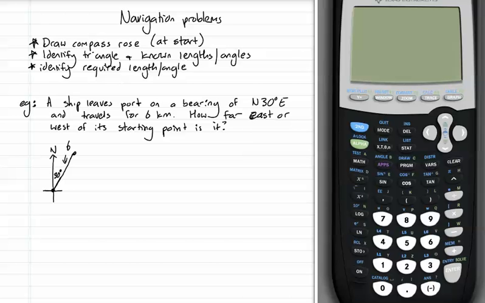From the end point, I can draw a triangle that goes south, and the distance east of the starting point that my ship traveled is this distance here. We're asking simply for how far east, in this case, it moved, ignoring the fact that it also went north. So that will be my x.